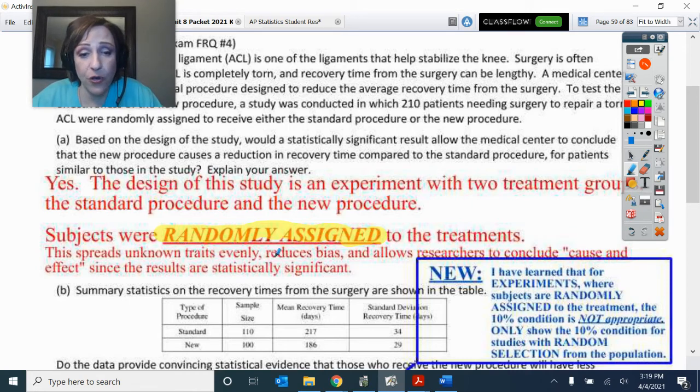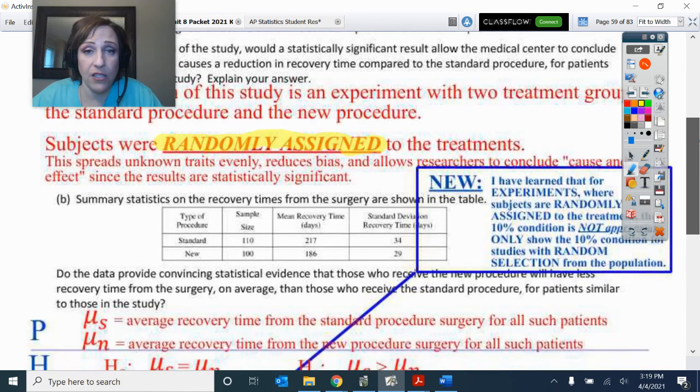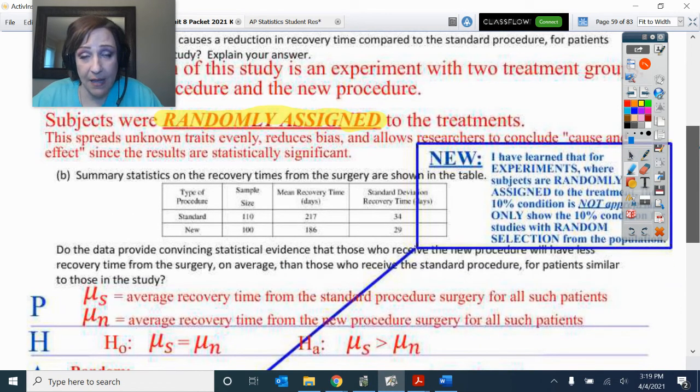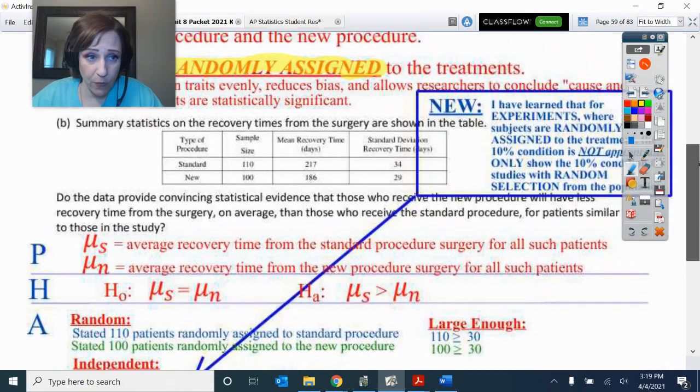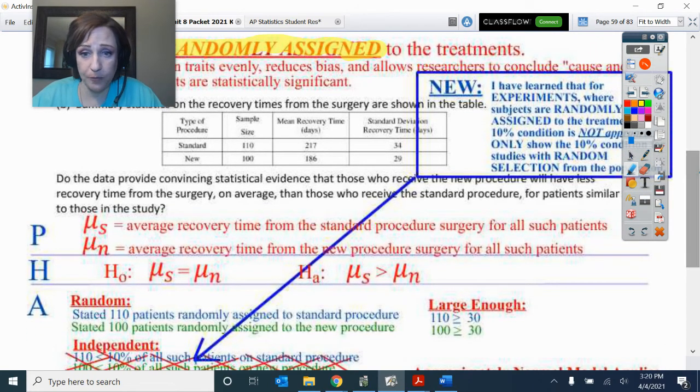This spreads unknown traits evenly so that the effect can be attributed to the treatment.